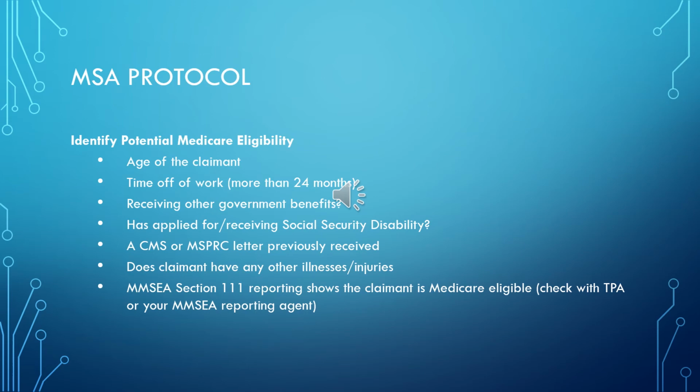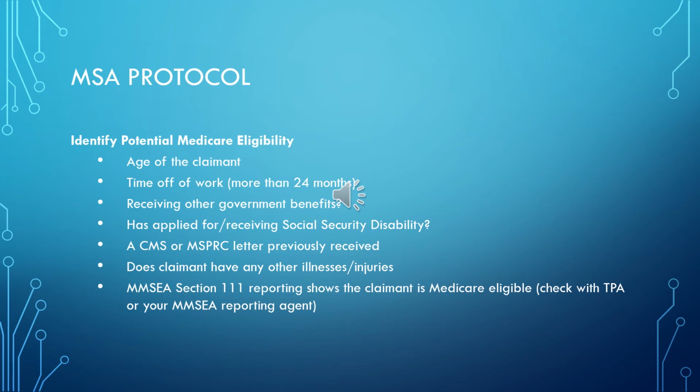If it's more than 24 months, it's very possible that he is receiving Social Security disability insurance, and that would make him Medicare eligible. It's very possible that he's receiving other government benefits. The injured worker may have applied or may be receiving SSDI.